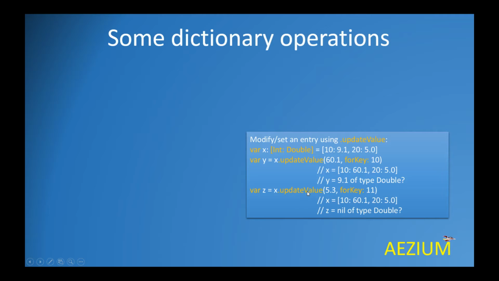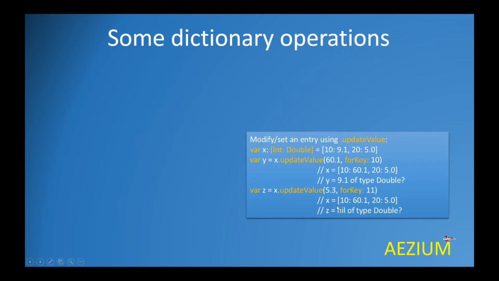To re-emphasize this optional property of the return value of this operation, I'm showing another example here where the key is not actually valid. Key 11 does not exist. So as a result of this, what is returned is nil, and the value of x remains as the value after this line of code.